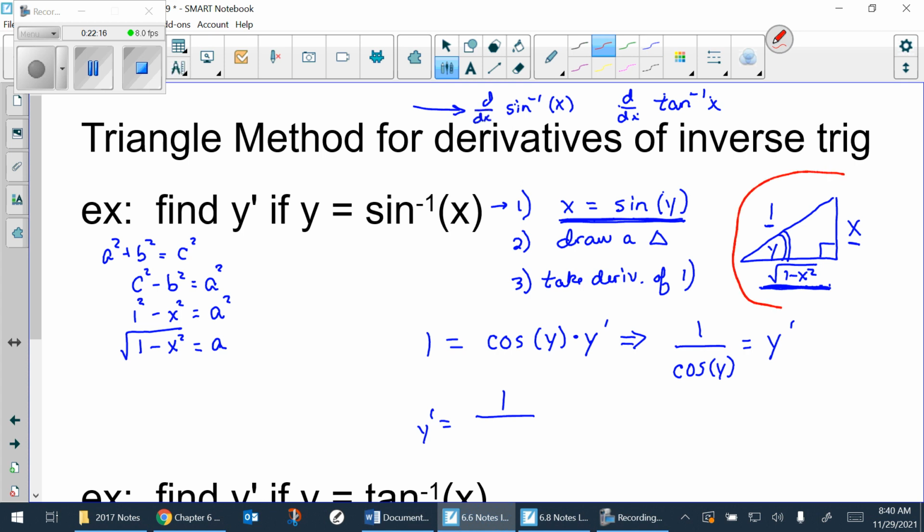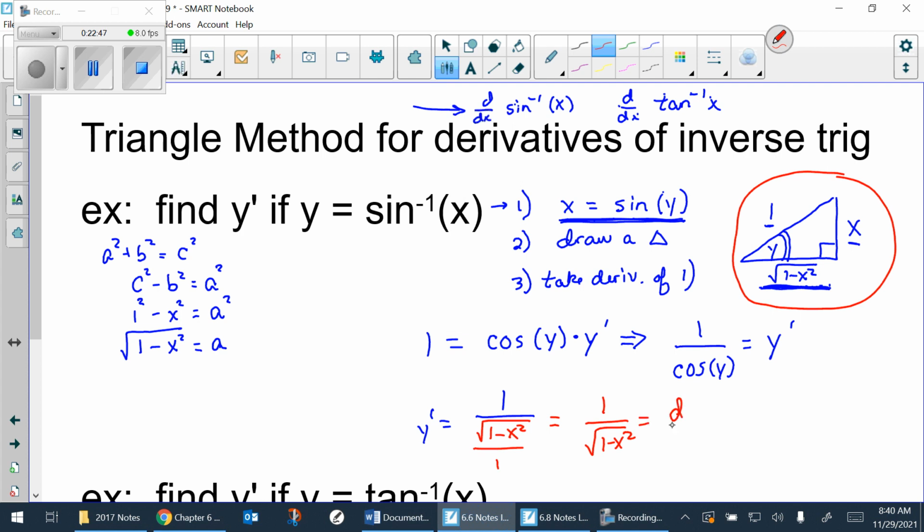What is the cosine of y? What is the adjacent divided by the hypotenuse? Well, adjacent divided by the hypotenuse, and the hypotenuse is 1. So I think that 1 over the square root of 1 minus x squared, that's y prime.